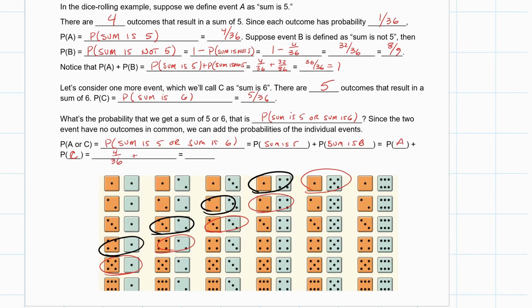The probability that the sum is 6 is 5/36, for a total of 9/36.